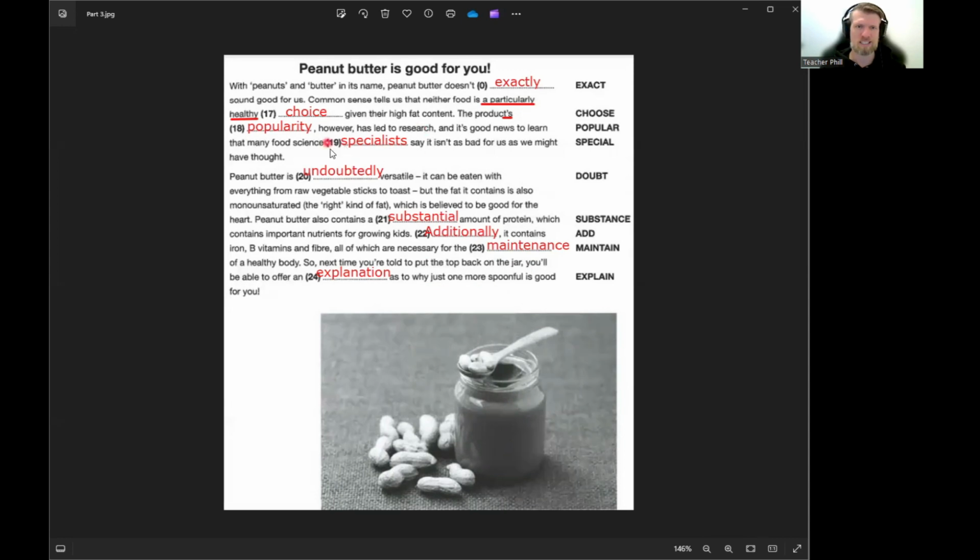My choice here is specialists. Because here we learn that it says "a many". That tells me we need to use a plural noun. And then it says "food, science, something, say".